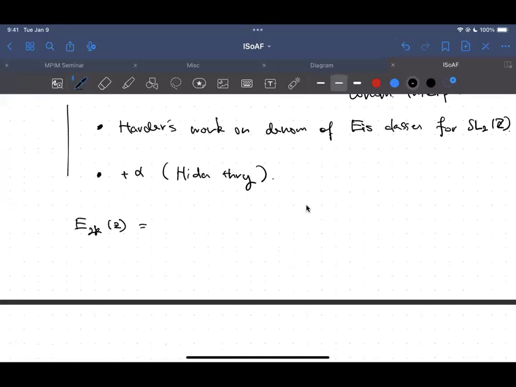So let E_2k be the Eisenstein series, which is normalized in this way. So this is the holomorphic Eisenstein series of weight 2k.